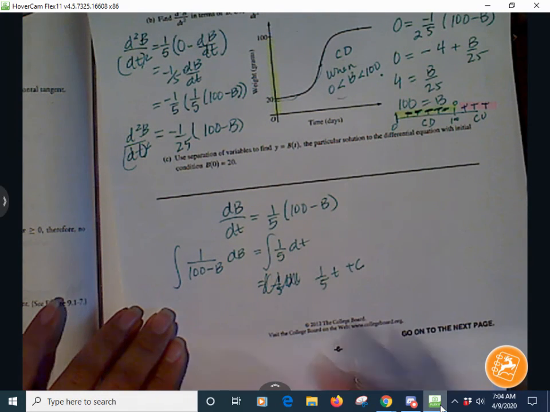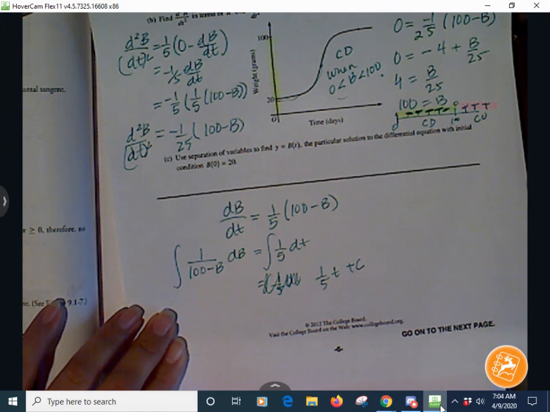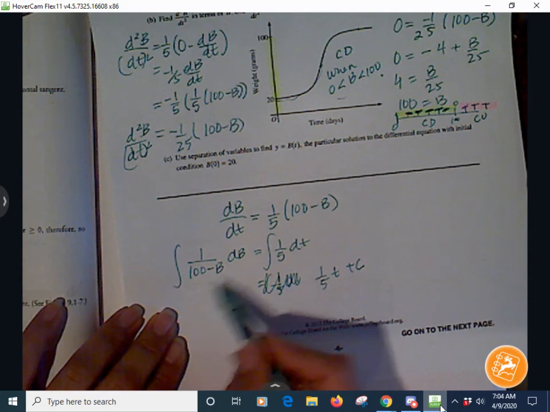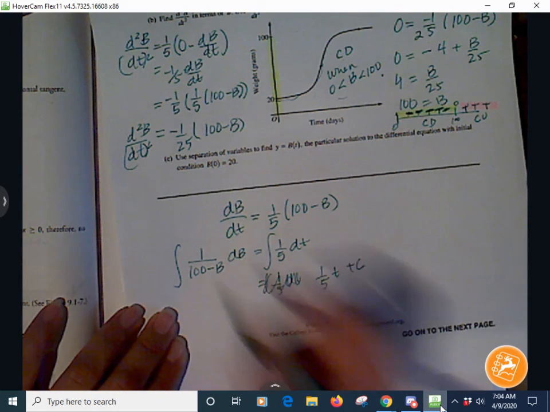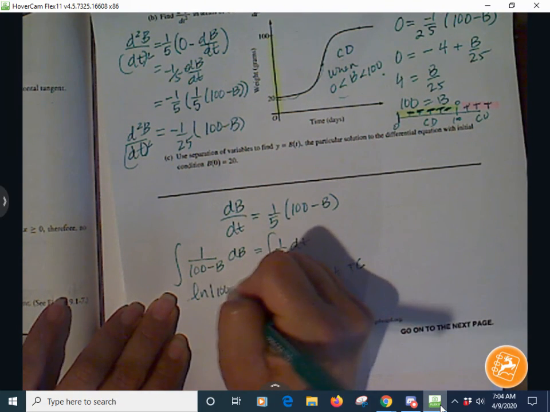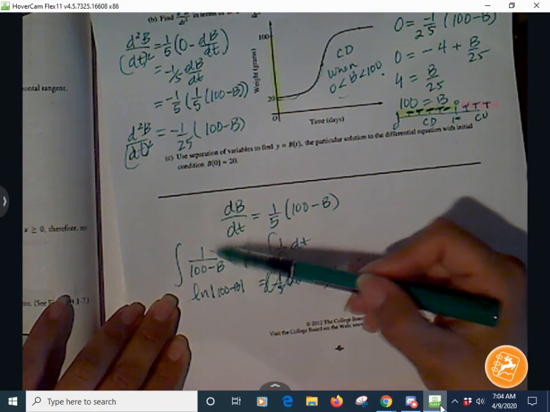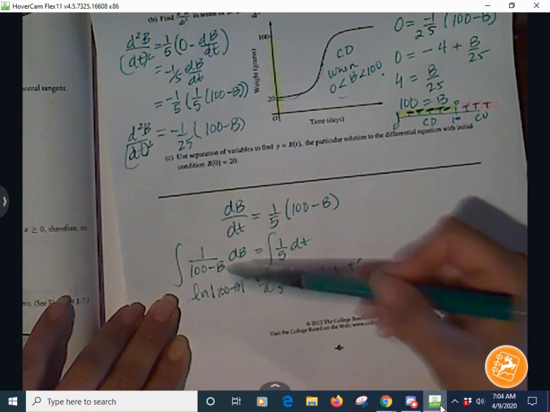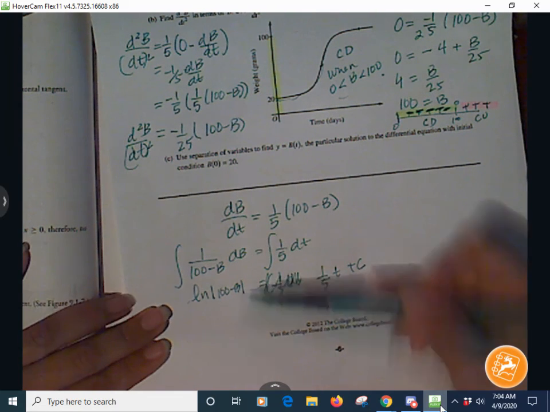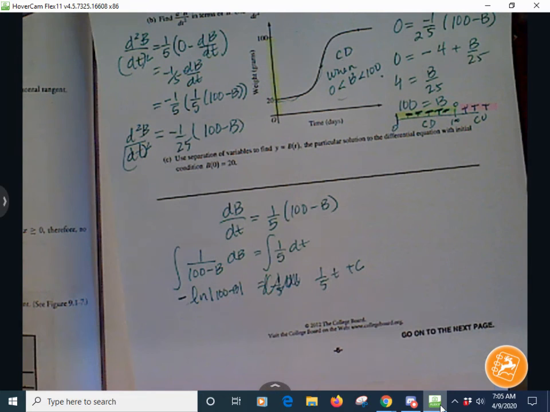And then on the left-hand side, this is a linear function in the denominator, so that means I'm going to be doing natural log, absolute value, of 100 minus B. But if you remember the chain rule, when you take the derivative of this, it will be 1 over (100 minus B) times negative 1, because there's a negative 1 in front of that B. So I need to undo that negative 1 right there.